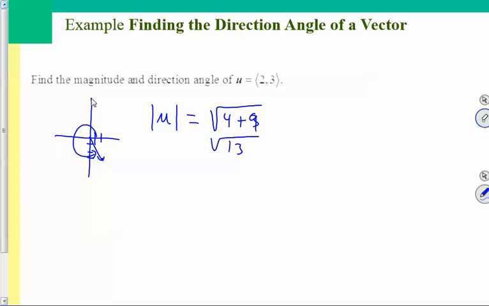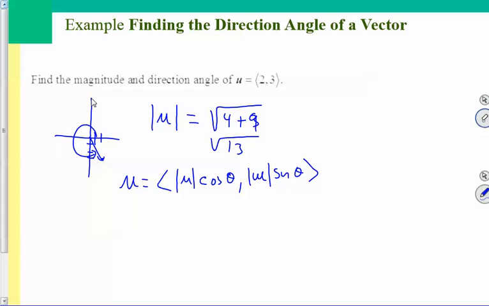Now let's get the angle. To get that, I have to say u is equal to the magnitude of u times the cosine of theta, comma, the magnitude of u times the sine of theta.